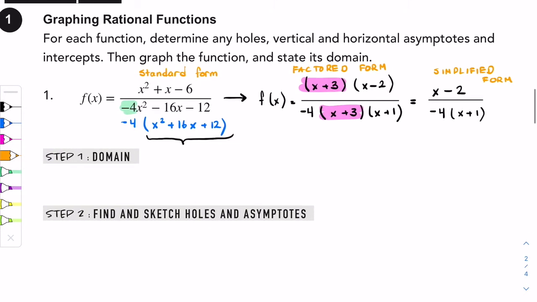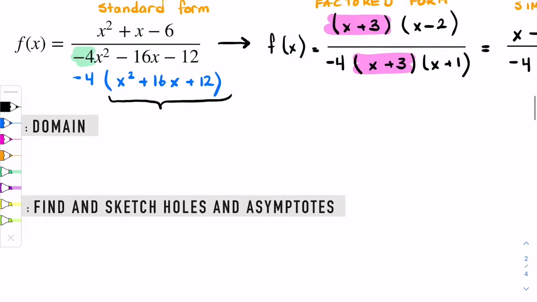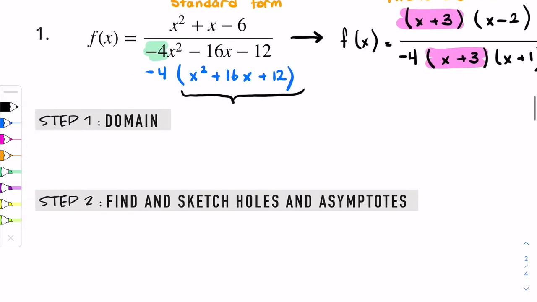Okay, based on the directions, step 1 is to find the domain. The domain is from the denominator in factored form. We set this equal to 0 and we solve.